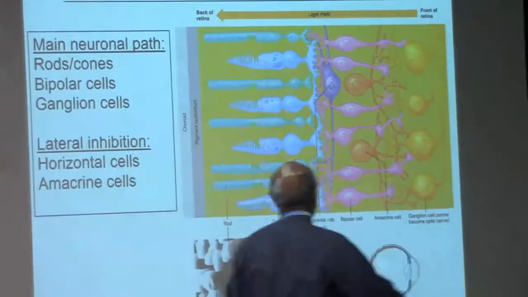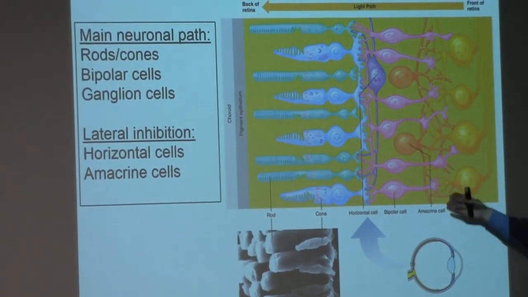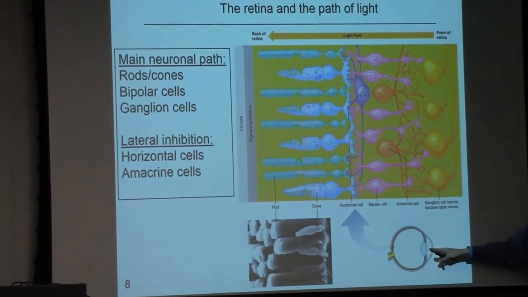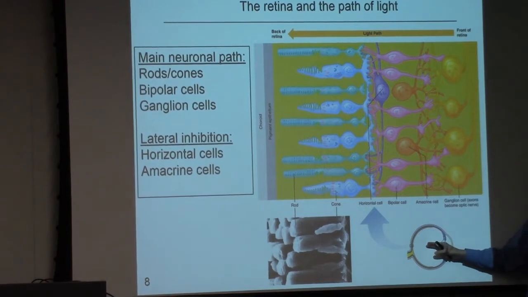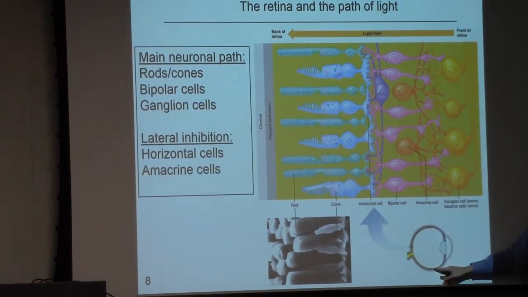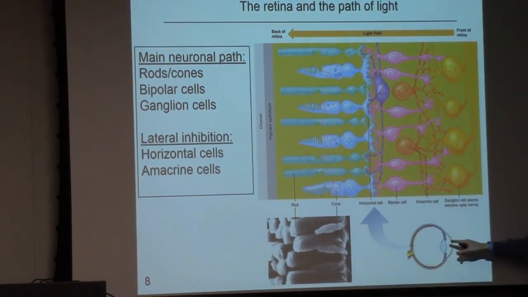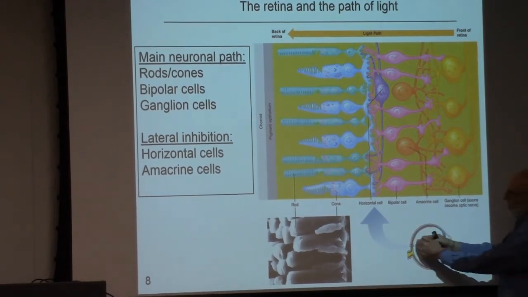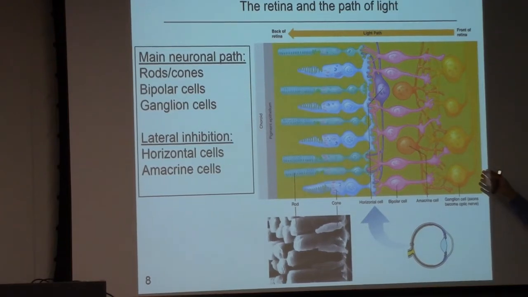So here's a cartoon of the eyeball in a mid-sagittal section, vertical section, so cornea, anterior chamber, pupil, lens, vitreous humor in the posterior chamber, retina on the back of the eye, the posterior surface of the eyeball. Okay, so we're zooming in to this area right here. So here is a cartoon of the cell organization of the retina.